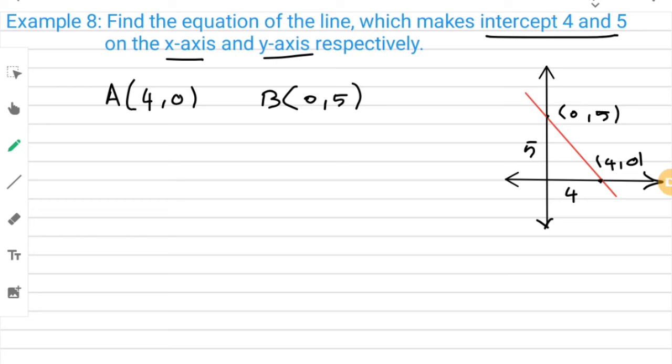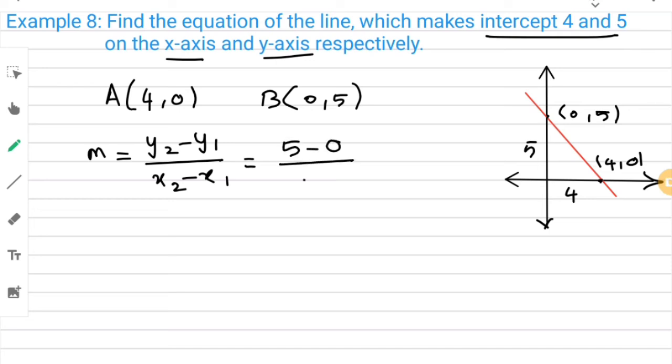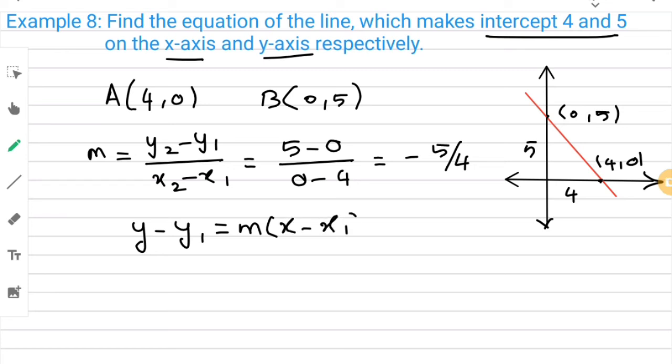So first we have to find the slope. So m is equal to (y2 minus y1) by (x2 minus x1). What is y2? 5. So (5 minus 0) by (0 minus 4), that is minus 5 by 4. Now y minus y1 is equal to m of (x minus x1).